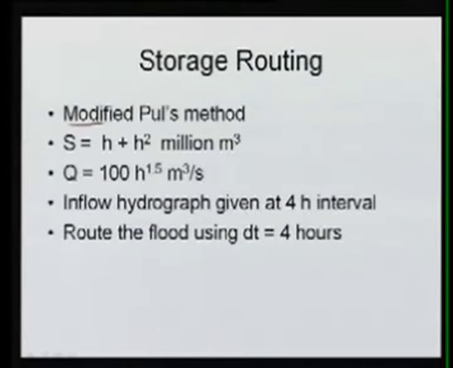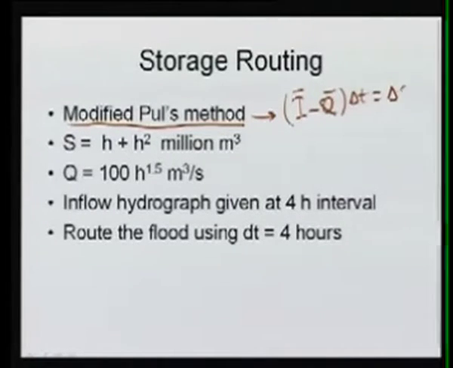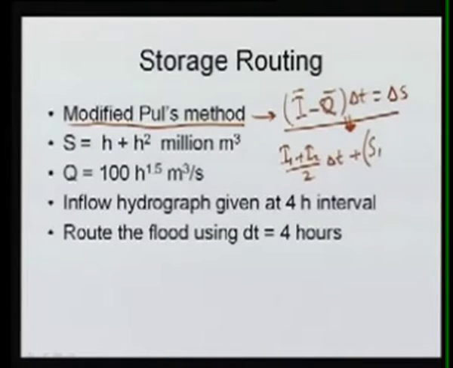The method which we use in this case will be the modified Pulse method. It uses the same form, (I bar minus Q bar) delta t equal to delta S, which is converted in terms of (I1 plus I2) by 2 delta t, a known quantity, plus another known quantity (S1 minus Q1 delta t by 2).